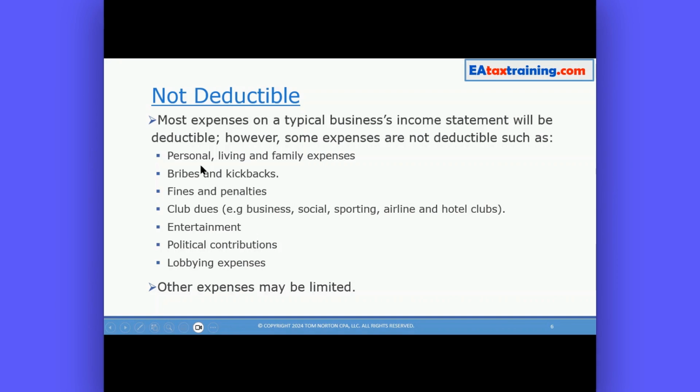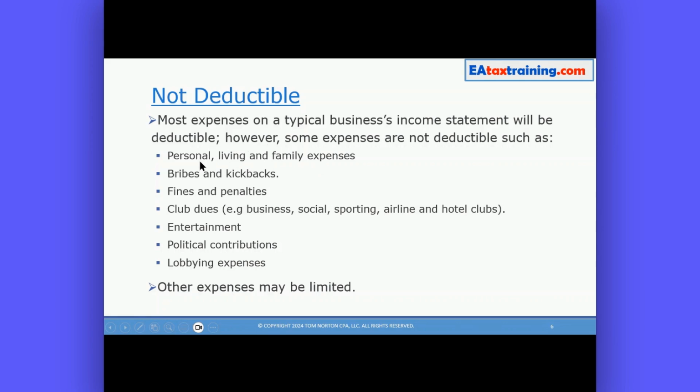First and foremost, personal living and family expenses are never deductible. And this is the biggest one because this is the one you're going to see the most cases of. This is the one the most people go to prison for. This is the one the most tax preparers lose their license and their ability to practice before the IRS for.